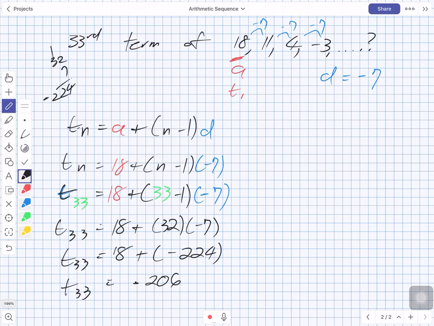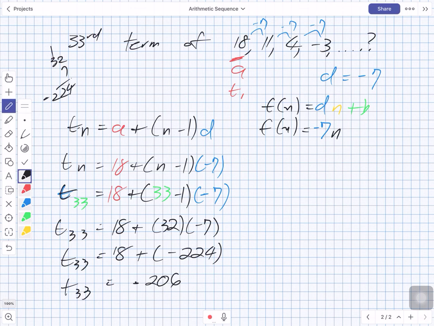What I'm going to do very quickly is make the function version of this. Remember we said f at n was equal to dn plus b. We're going to make the function version and test it to see if it does the exact same thing. We're just missing one other piece of information. F at n is equal to -7 times n. What is our b value?